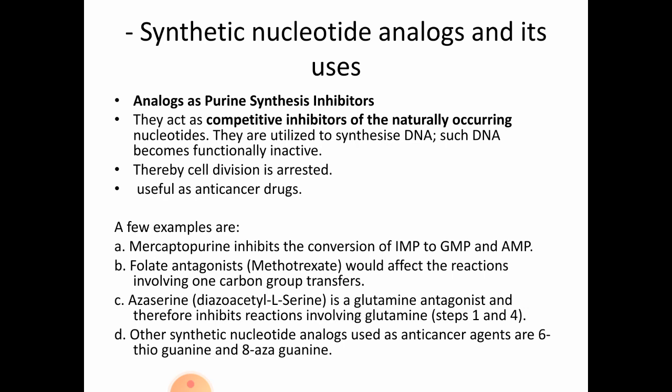So these synthetic nucleotide analogs are used in anti-cancer drugs since they are competitive inhibitors of naturally occurring nucleotides, and the DNA which is synthesized would become an inactive one and thereby cell division is arrested.